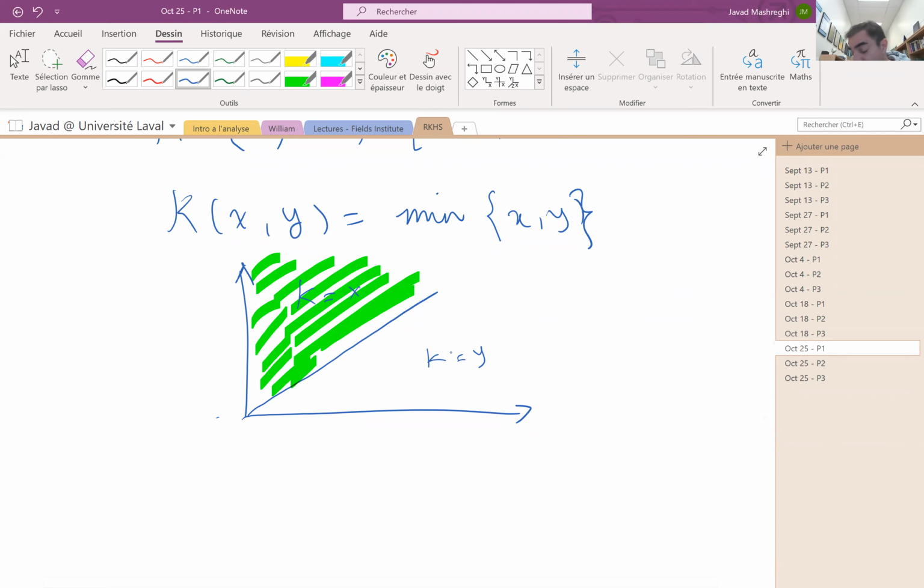Immediately, you see, though I haven't shown yet that it's a kernel function, I need to do a little bit of work, but at least in advance, you can say that H of k consists of continuous functions because k is continuous.